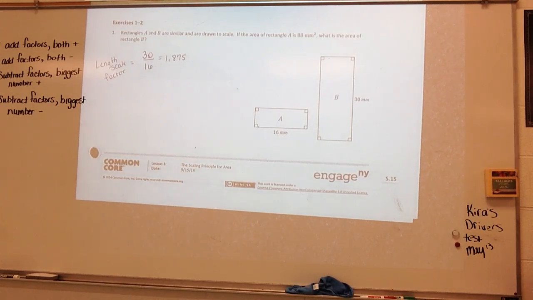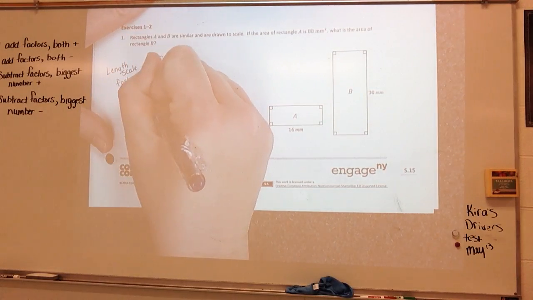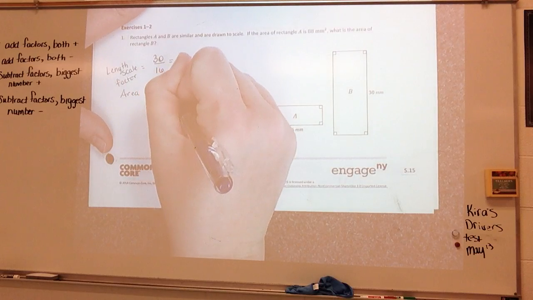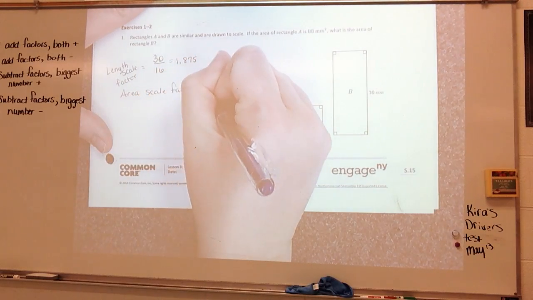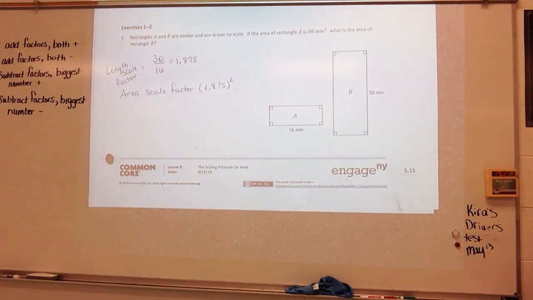So my area scale factor is 1.875 squared. That's my R squared.